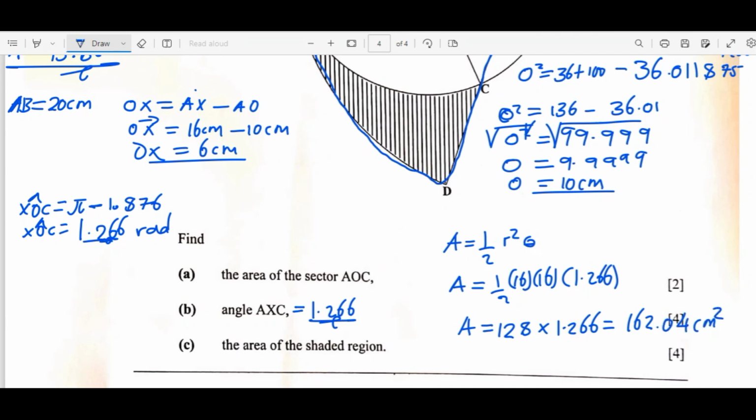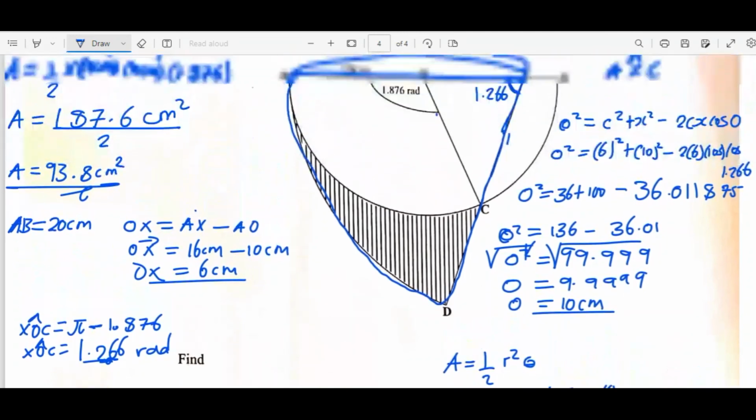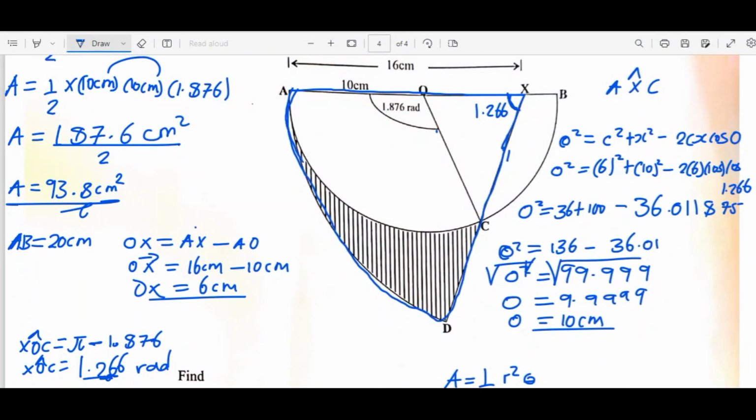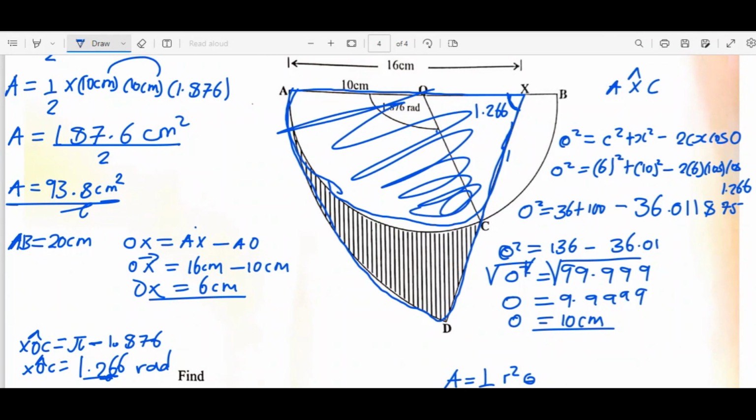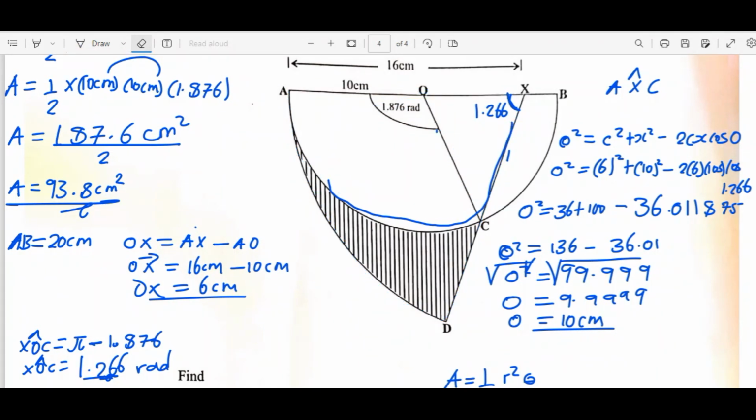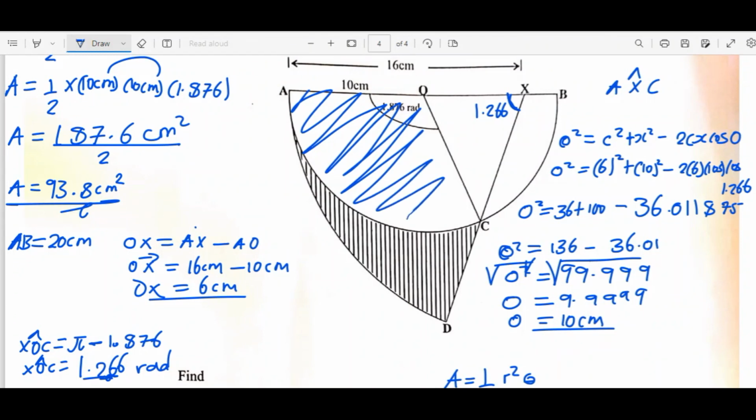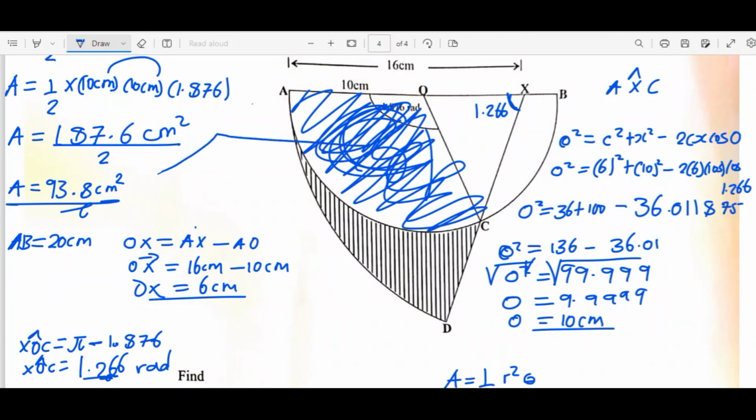162.04 centimeters squared. Now we need to find the area of this part, so that we can subtract it from the area of the whole sector, and we'll be able to find the area of the shaded part. Remember, this area, we have it already. We found this area at first. It should be this one, so this is 93.8.